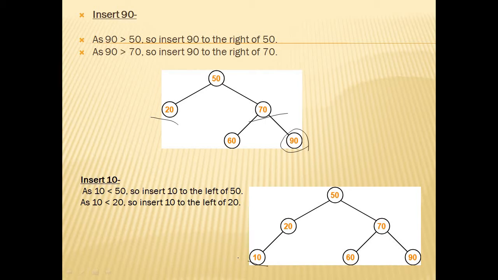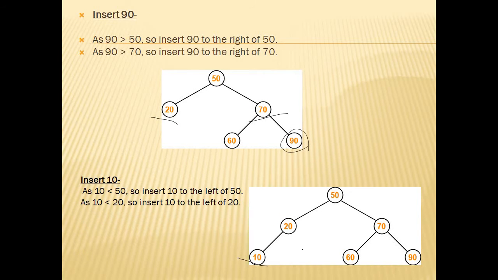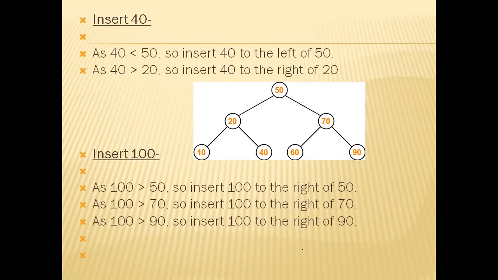Next is 40. Same thing we check. 40 is less than 50, so left side, where we already have 20. Then we compare: 40 is greater than 20. For 20, the right hand side we don't have anything, so 40 will be inserted on the right side of 20.